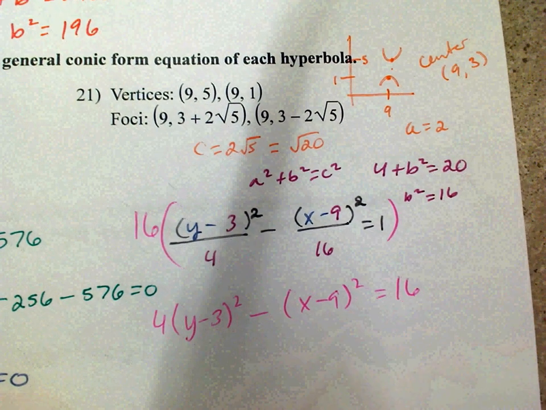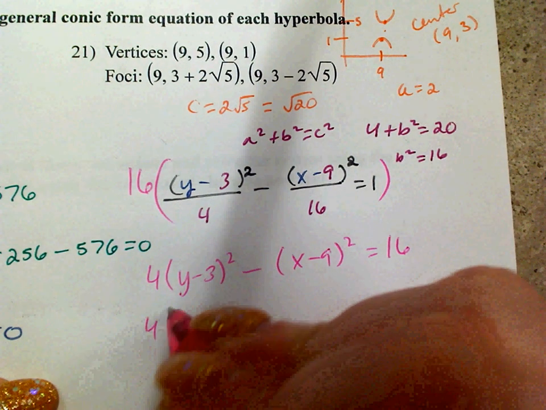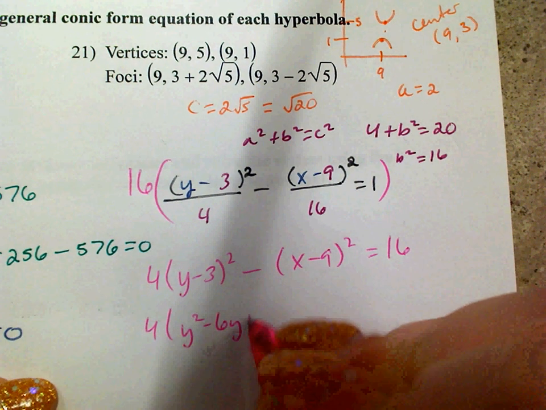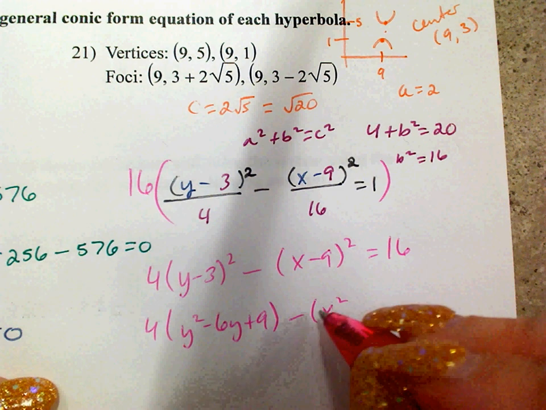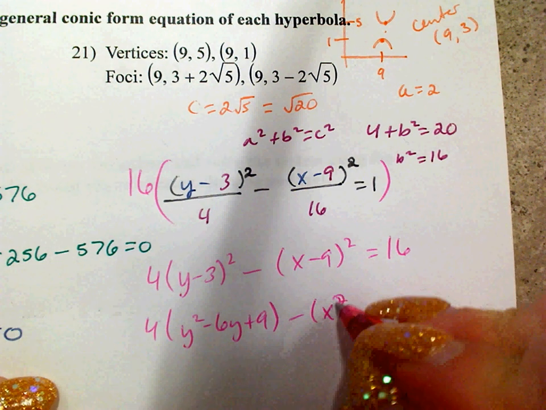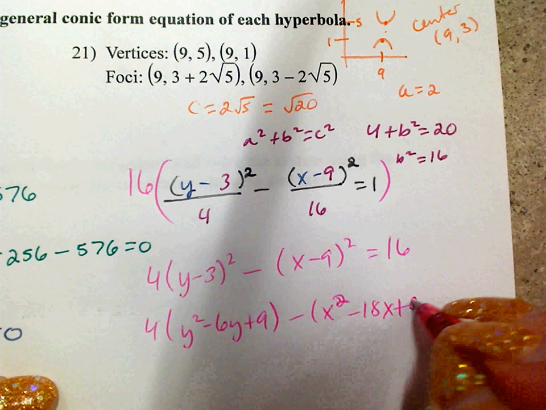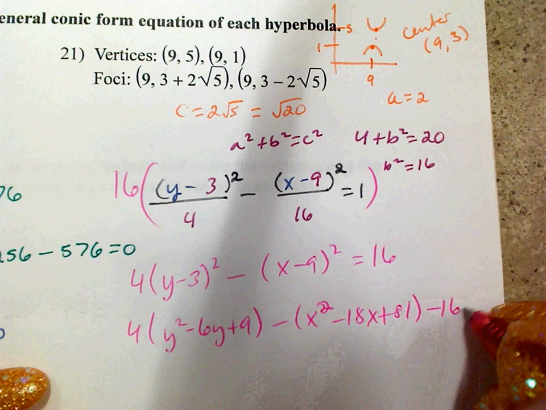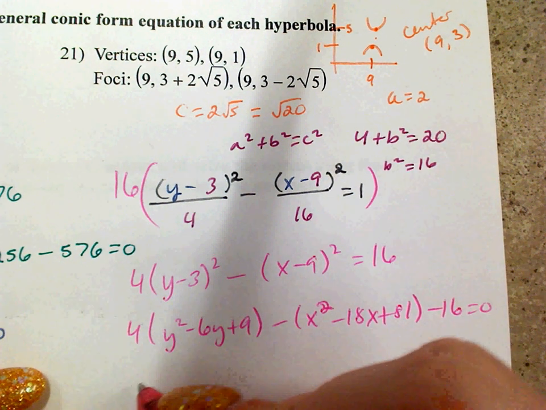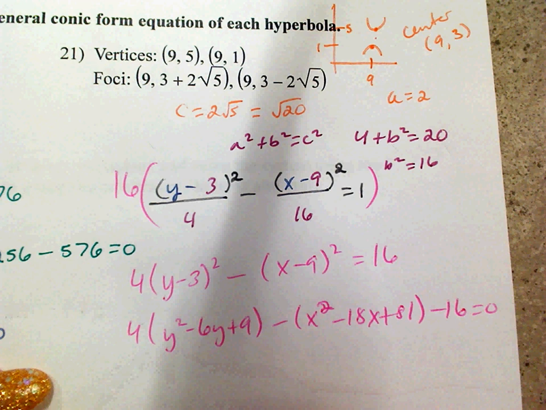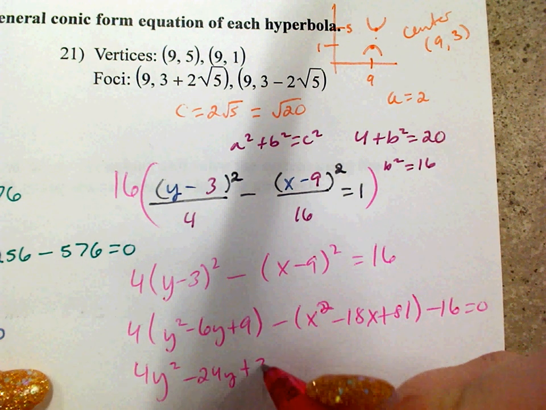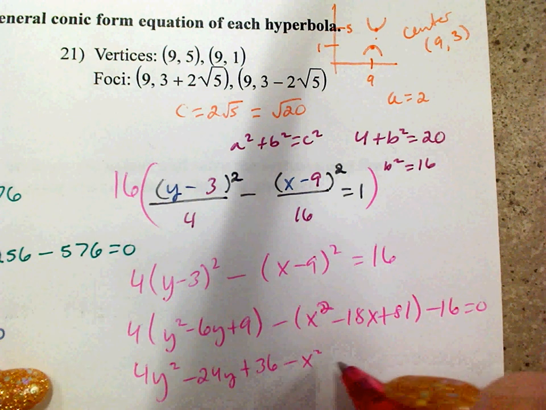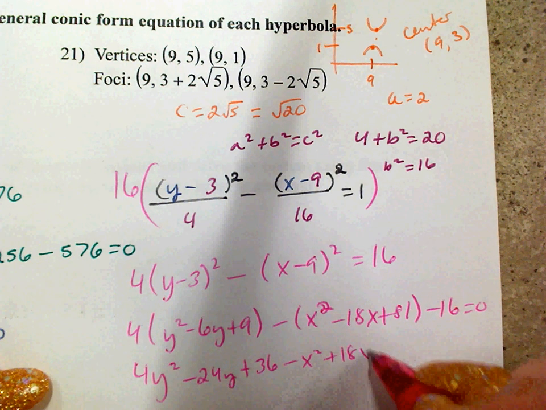So I get 4 times (y squared minus 6y plus 9) minus (x squared minus 18x plus 81), and then minus 16. I'm going to keep the parentheses because I'm subtracting, and you got to be very careful with that. So 4y squared minus 24y plus 36 minus x squared plus 18x minus 81 minus 16 equals 0.